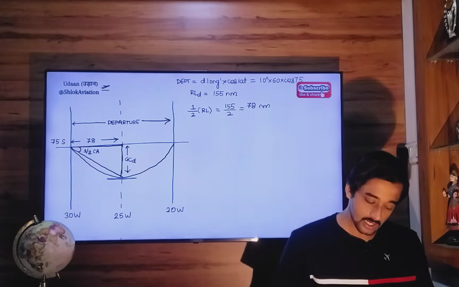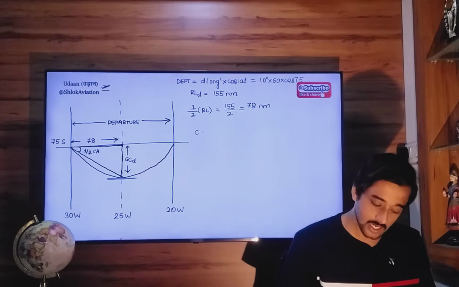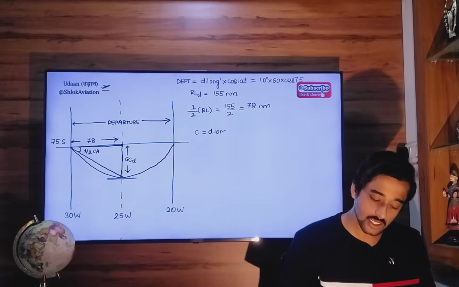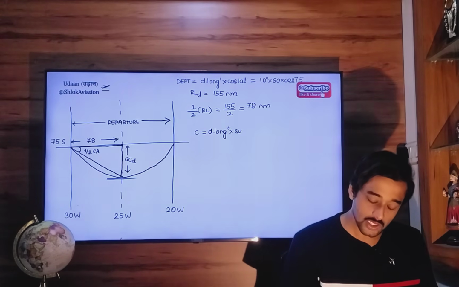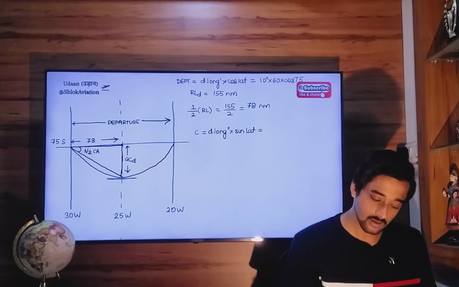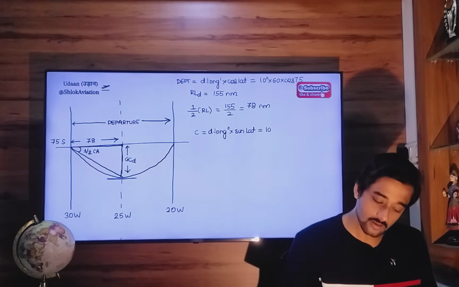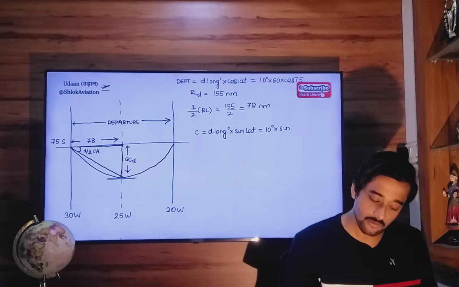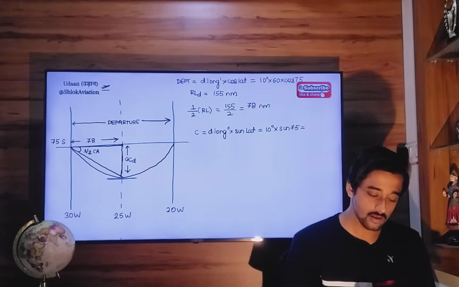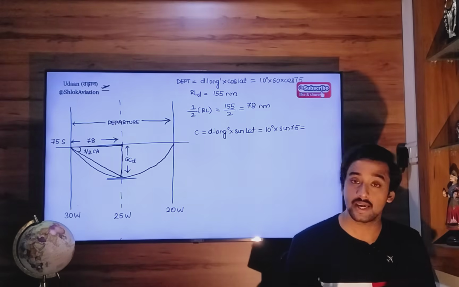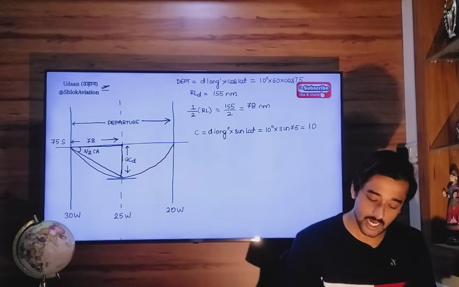Convergency angle. What is convergency here? D long in degrees into sine of latitude. So 10 degree into sine of 75, that is equal to 9 degree 39 minutes, or approximately 10 degree.